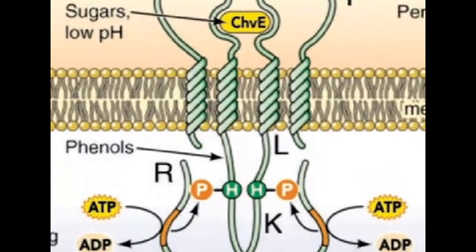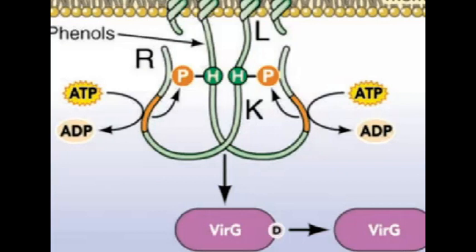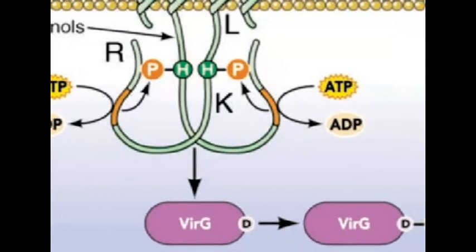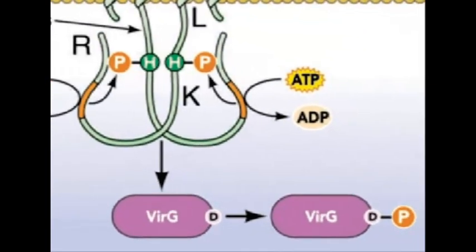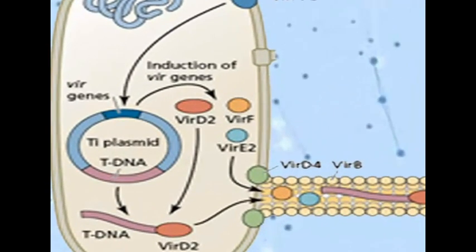Vir-A has autokinase activity and phosphorylates itself on a histidine residue. The Vir-A protein phosphorylates Vir-G on its aspartate residue. The activated Vir-G now acts as a transcription factor of other vir genes. The ChvE protein increases Vir-A protein sensitivity to phenolic compounds.